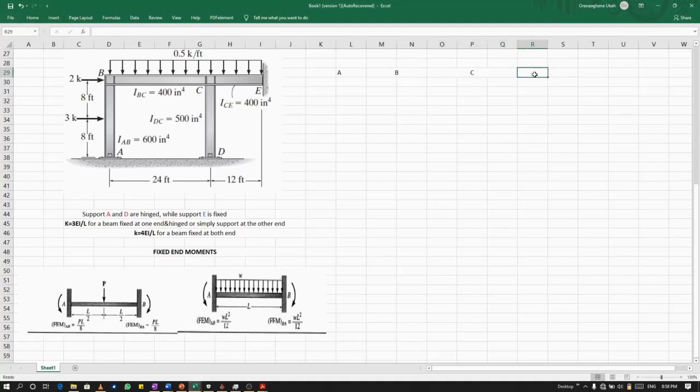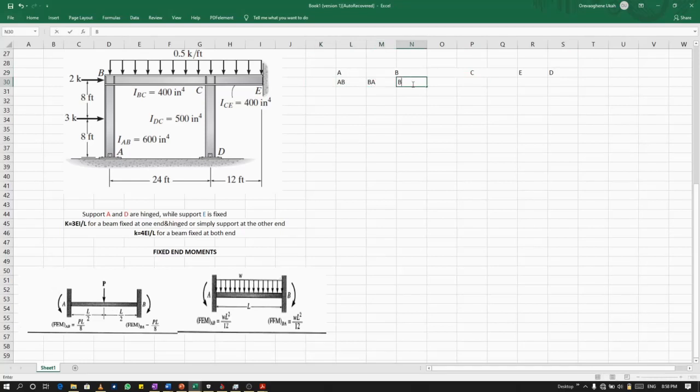Then we have support E. Then we have support D. All right. So under support A, we have just AB. Under support B, we have BA.